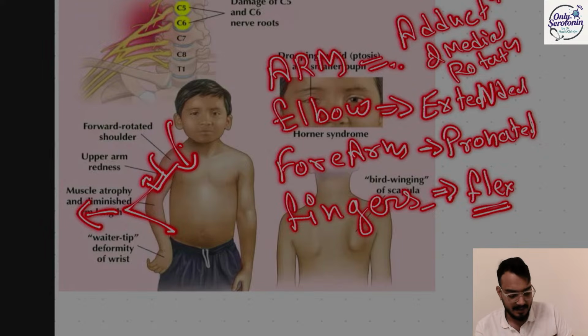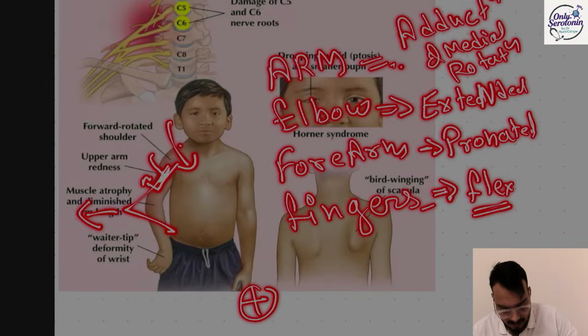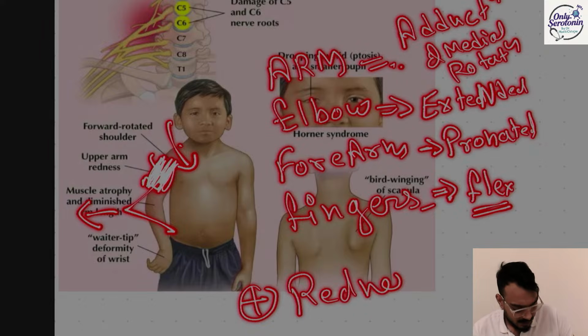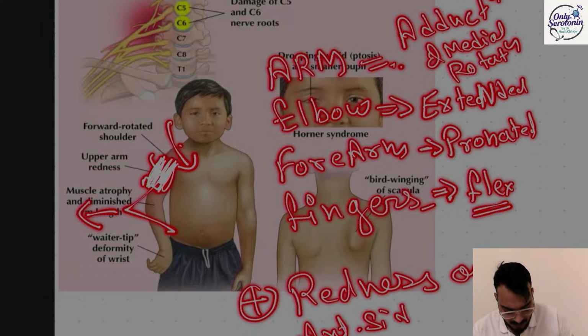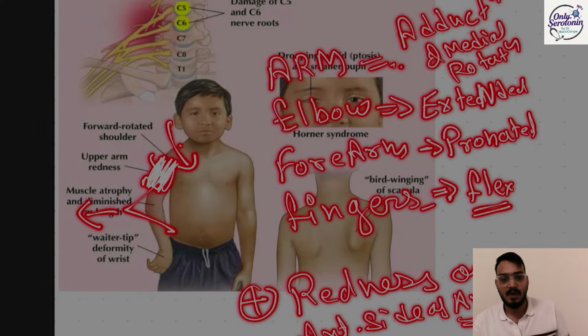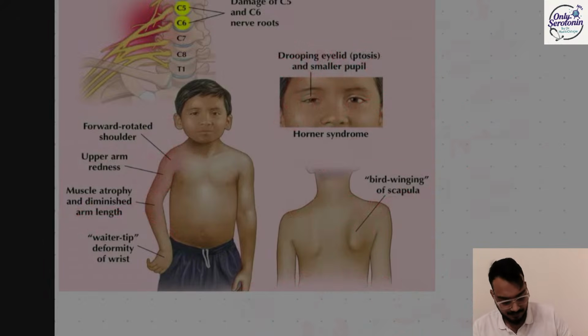Plus, what else can you see, guys? Redness on the anterior side of the arm. All these things you are going to see in your Erb's paralysis.